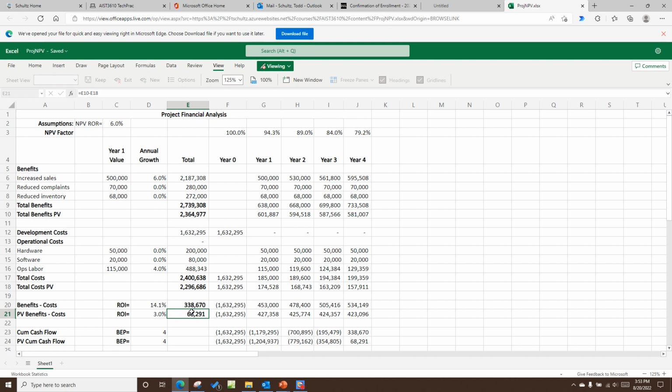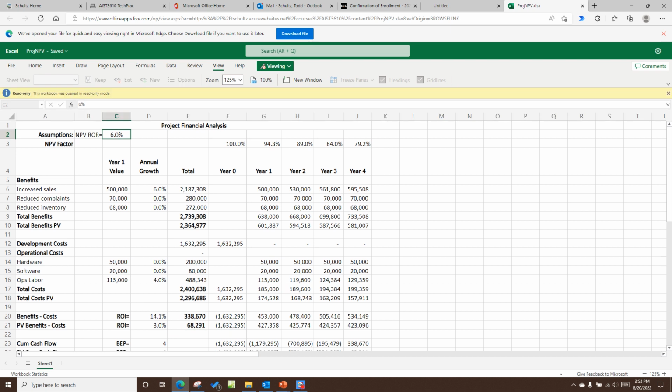Meaning if we discount the future more than that, we're going to end up negative, but less than that is positive. So what you ought to notice is, if I change this, how do I fix that?